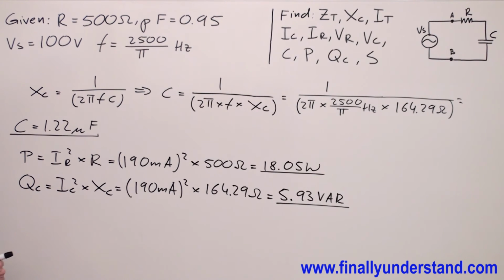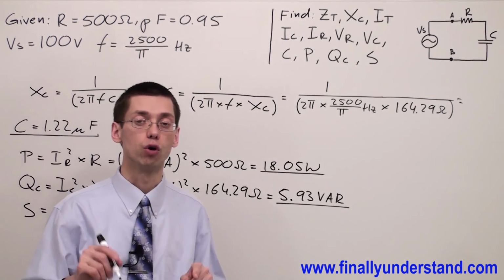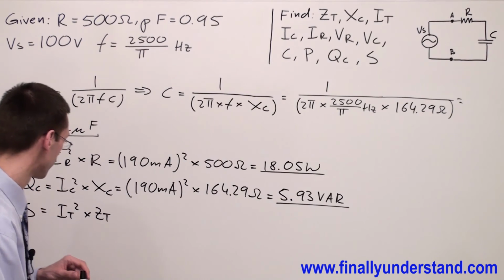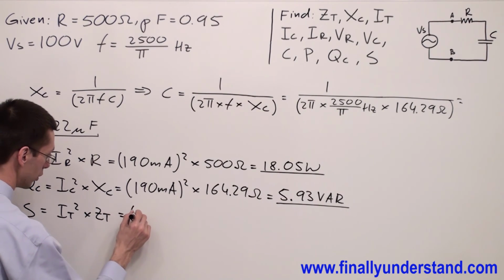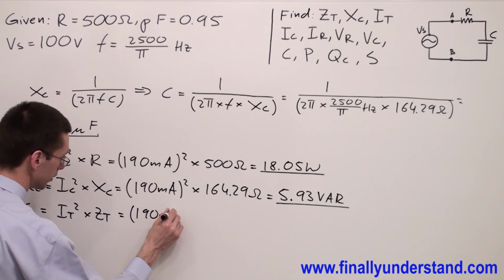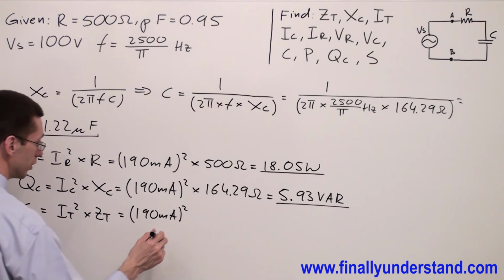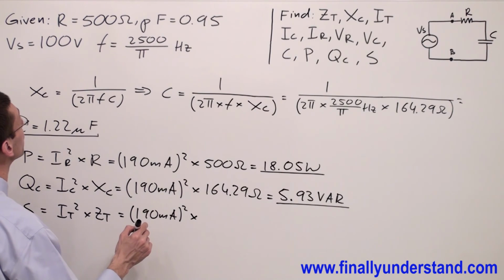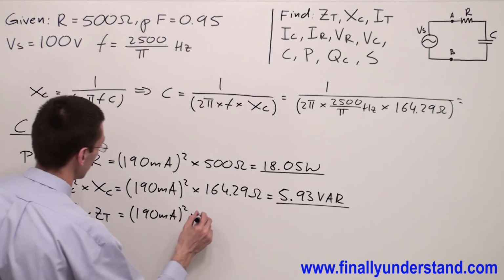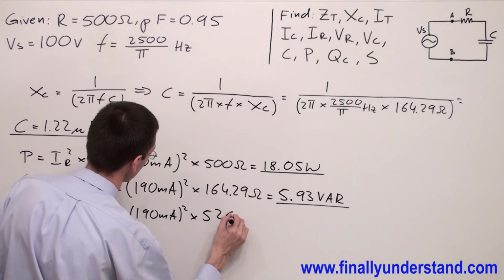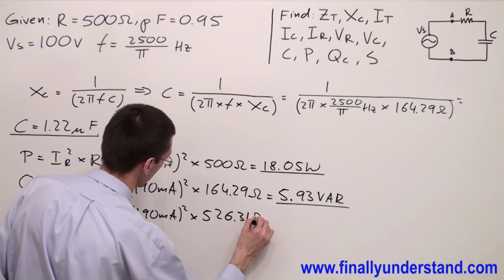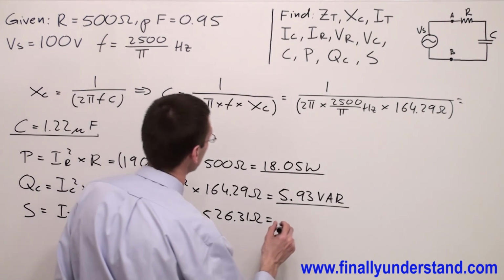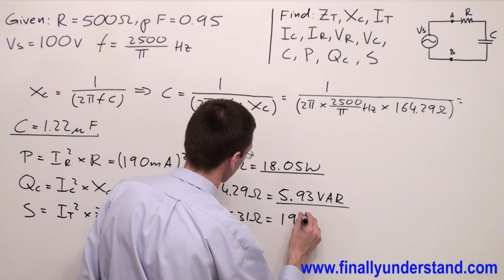Next, we're supposed to find apparent power, S. This is I total squared times Z total. Again, let me remind you, you're supposed to always write formula first, okay? So we have 190 milliamps to the second power times Z total, which is equal 526.31 ohms. This is equal 19 volt amp.